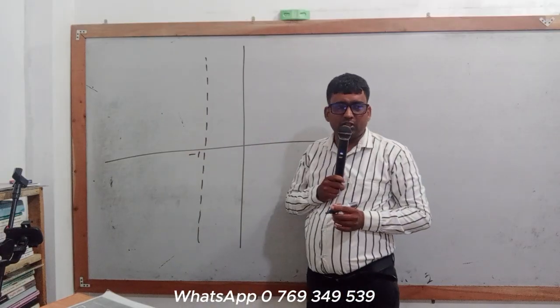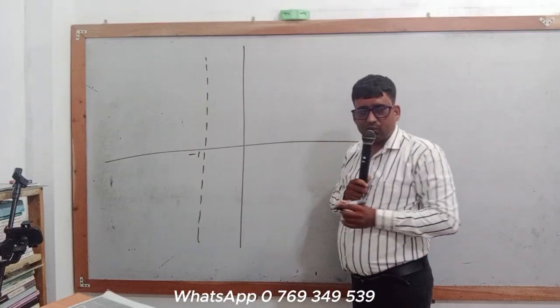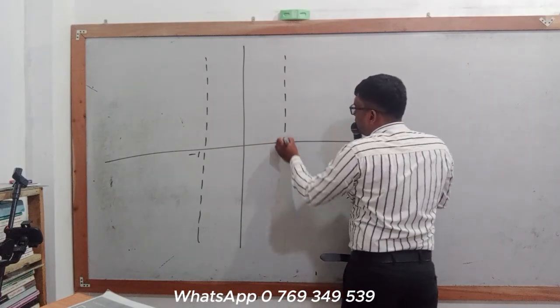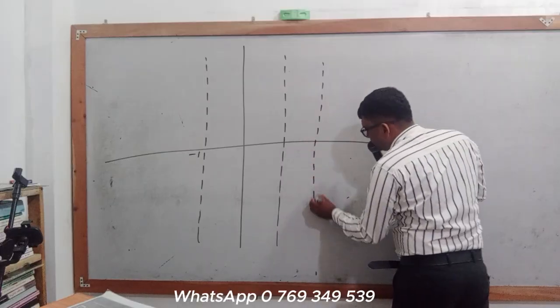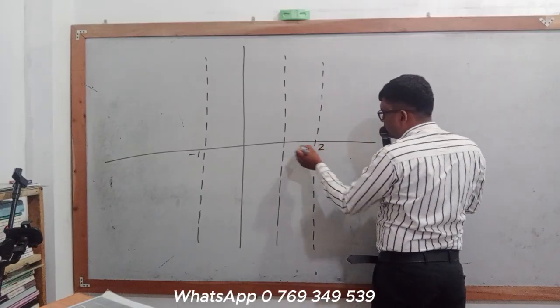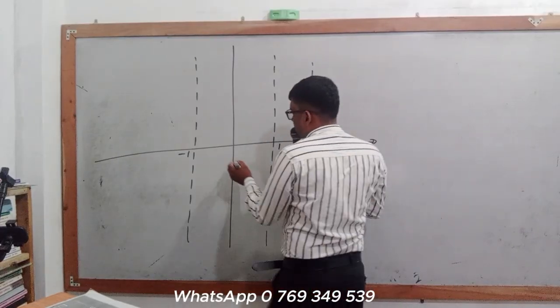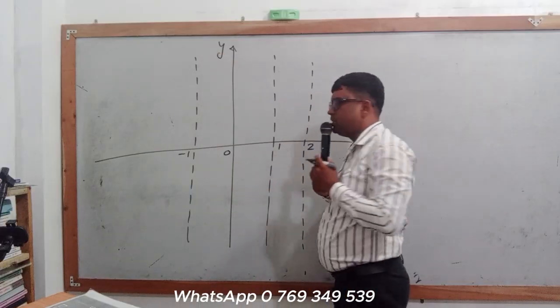Here plus 2 and plus 1, I'm taking plus 1 here and plus 2 here, and 0 here, right? This is the easy way.